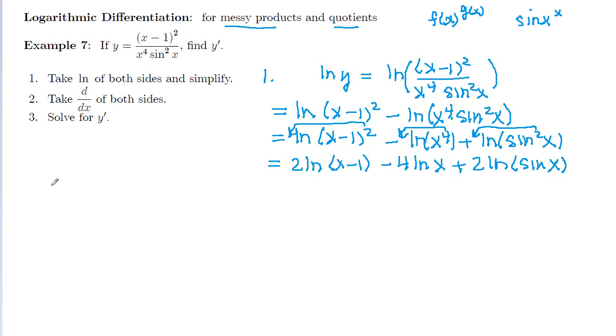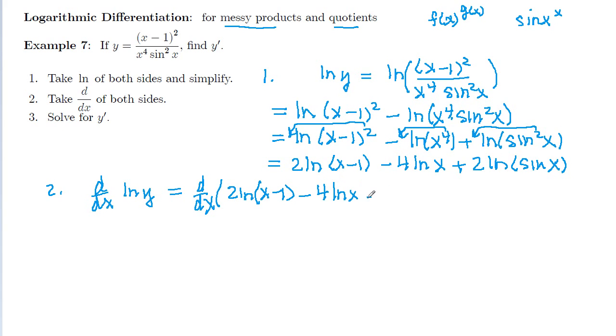So second step, we're going to take derivatives on both sides. The derivative with respect to x of ln of y is going to equal the derivative of the right-hand side, which is 2 ln of x minus 1, minus 4 ln x, plus 2 ln of sine x.